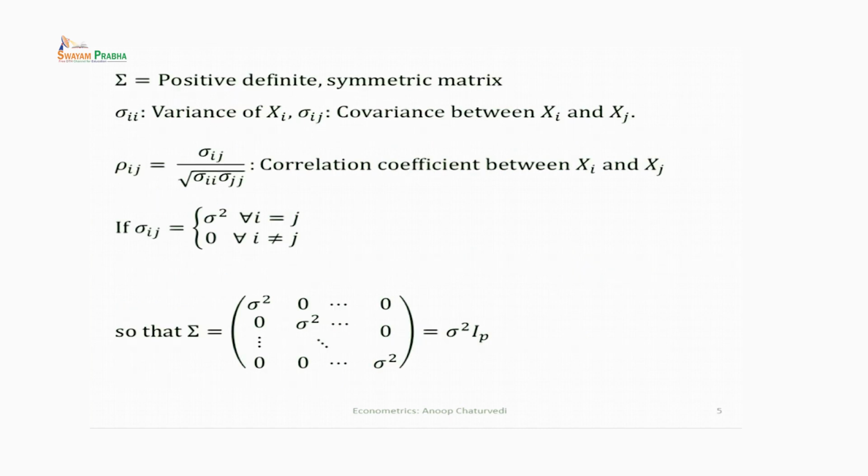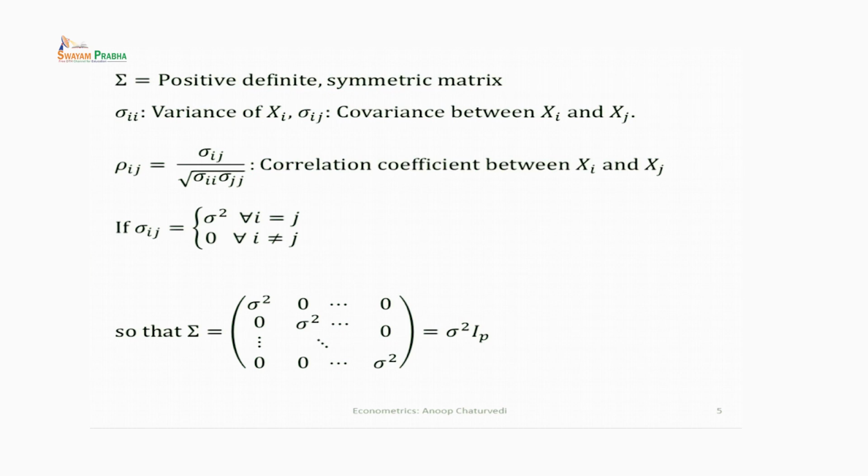Here again capital sigma is a positive definite symmetric matrix. Sigma ii gives you the variance of xi and sigma ij gives you the covariance between xi and xj. And just like the general case, you can define the correlation coefficient between xi and xj as rho ij equal to sigma ij divided by square root of sigma ii sigma jj.